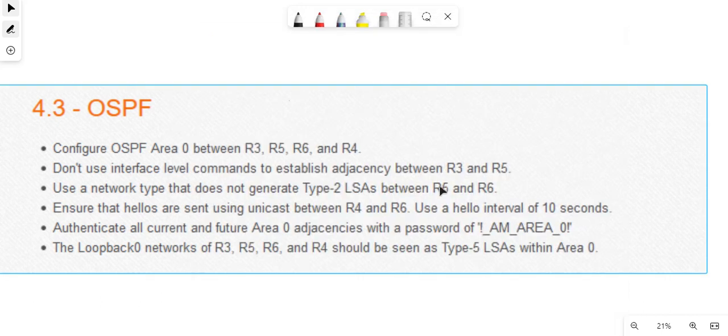Okay, this is this part and last section. The loopback network of 3, 5, 6, and 4 should be seen as type 5 LSA within area 0.